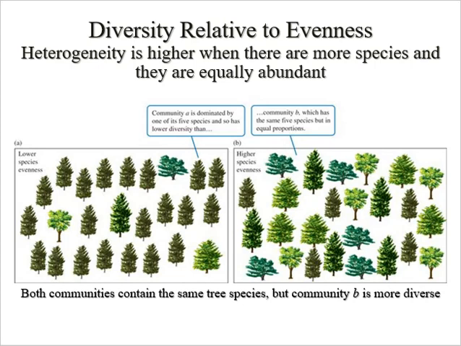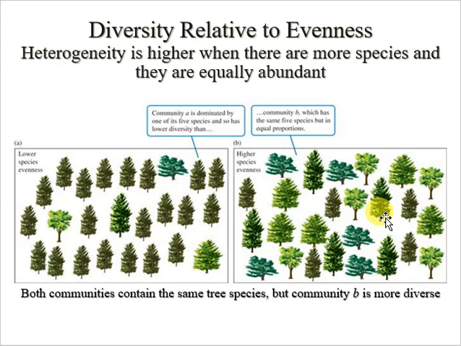So in this example, both community A and community B contain the same 5 tree species. But because community B has greater species evenness, a more equal number of individuals per species found in the community, it has a higher diversity than community A.